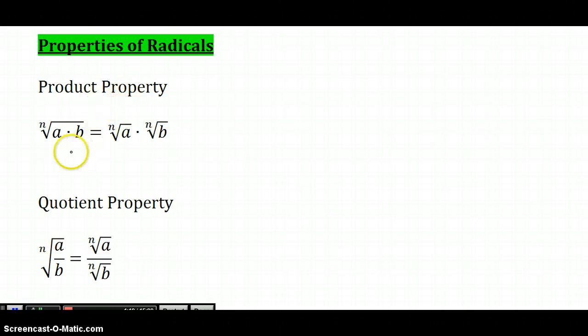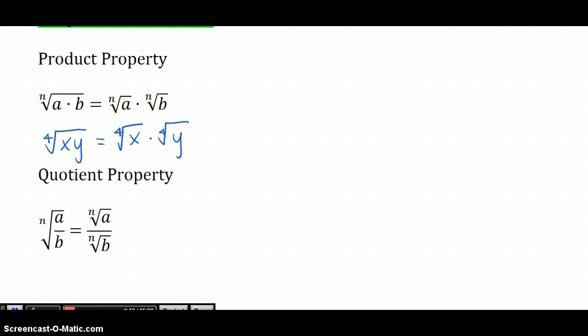First we have the product property. That says if you have the root of something times another thing, so let's say you had the fourth root of x times y, you can split that up and write the fourth root of x times the fourth root of y. Same thing with the quotient property.